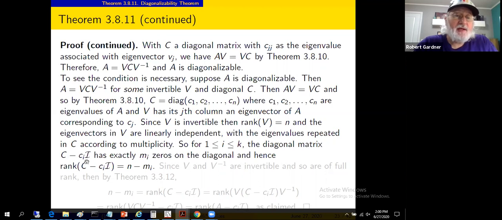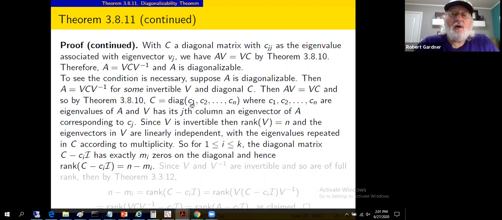The C sub I times the identity matrix is a diagonal matrix with all C sub I's along the diagonal. C sub I will be repeated as a diagonal element of matrix C up here, m sub I times, like we said, repeated according to multiplicity.